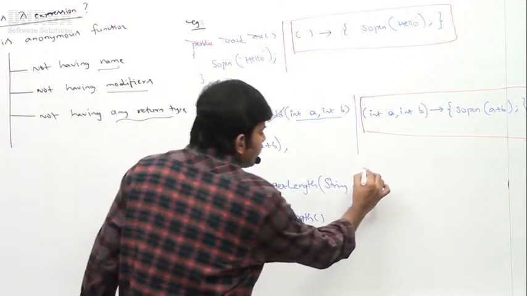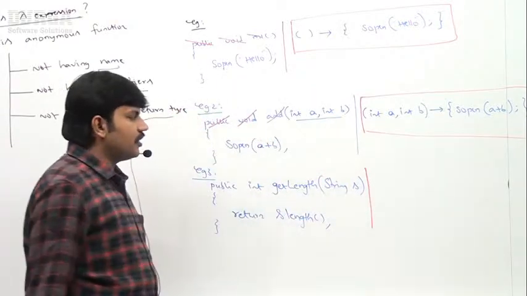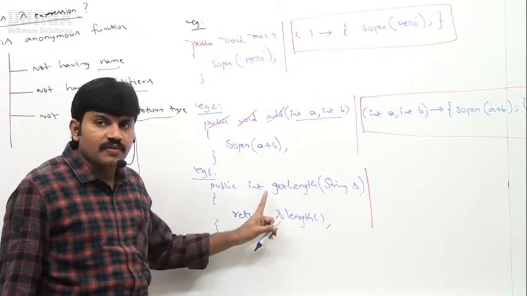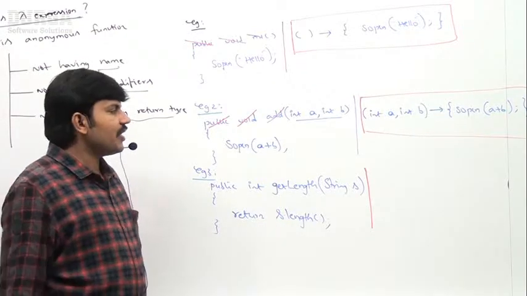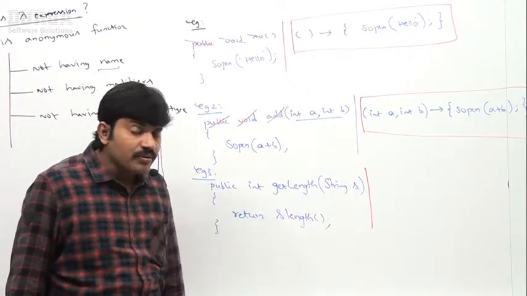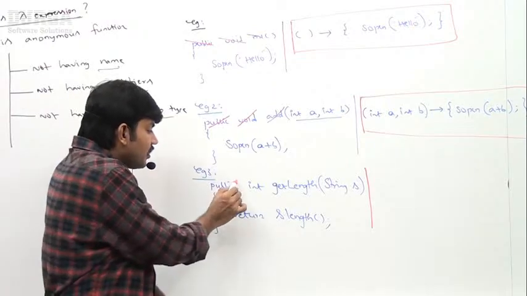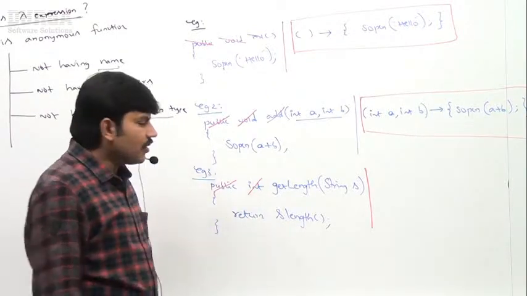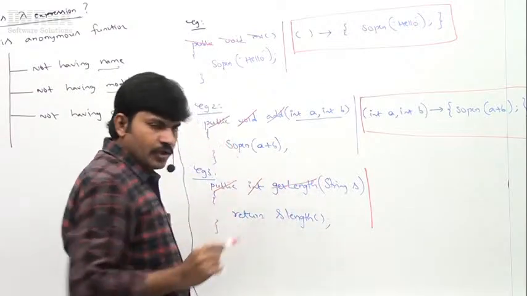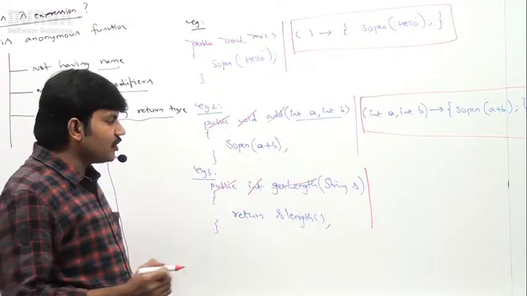Now my point here is, I want to convert this method into a lambda expression. If you want to write a lambda expression, sir, what do I have to do? Remove the modifier, remove the return type, and remove the method name. If I remove all these things, what is the remaining part?